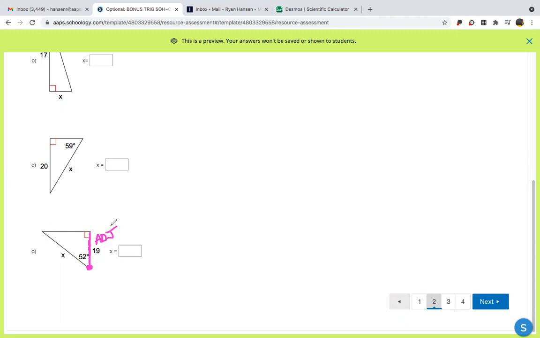And notice that the x looks like a ramp. It's across from the 90. That is your hypotenuse. So we want the hypotenuse. It's unknown x. We need to use 19, the adjacent. Hypotenuse, adjacent, adjacent, hypotenuse. So katoa. Adjacent hypotenuse is AH.